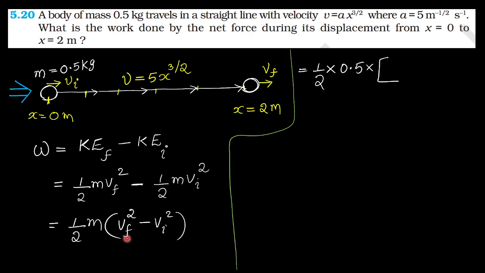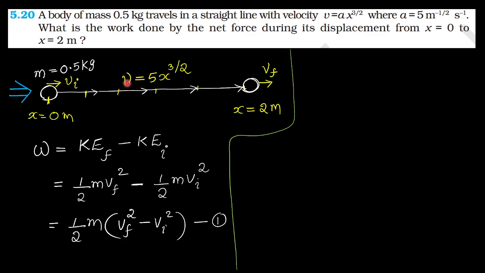But the problem is vf square, final velocity, we have no idea. But let me find out vf and vi separately. After that I will substitute here. The problem is I don't know final velocity and initial velocity. Is it given? No, final velocity is not given. Initial velocity is also not given.